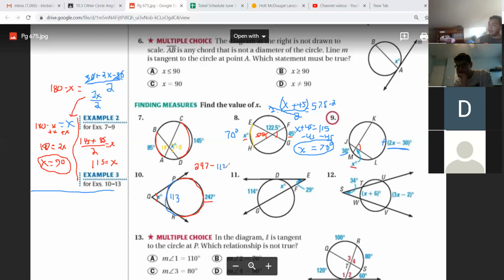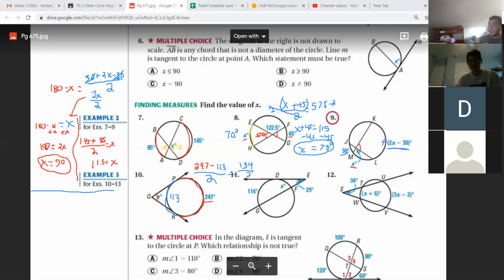That's the smaller arc, so I'm going to subtract that. Bigger minus smaller. Then I'm going to divide all of that by 2. Divided by 2 is always there. So 247 minus 113, that is 134. Wait, how'd you get 113 again?